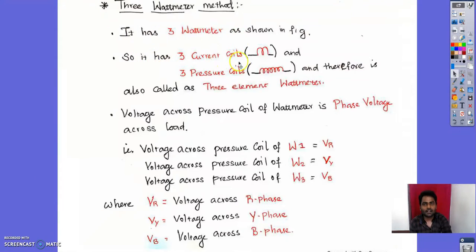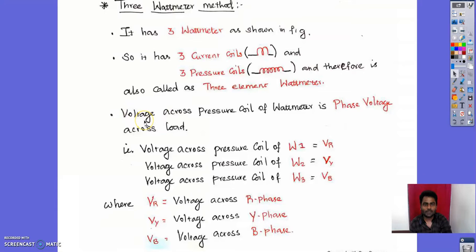So it has 3 current coils and 3 pressure coils. The bigger coil in the wattmeter is termed the current coil, and the coil with more turns is termed the pressure coil. These coils are termed the elements of the wattmeter, so this 3-wattmeter method is also termed the 3-element wattmeter.